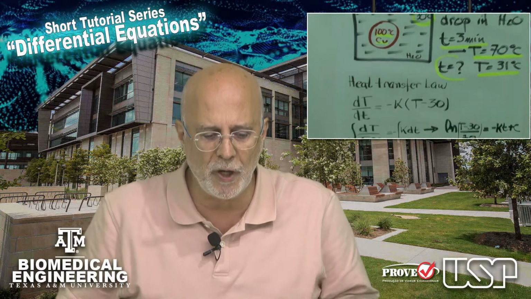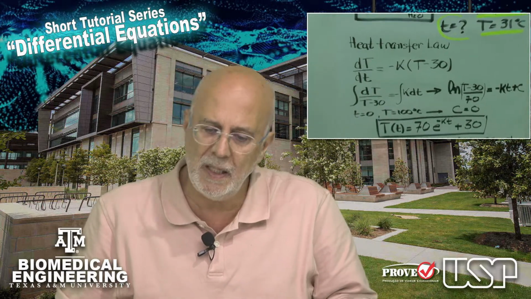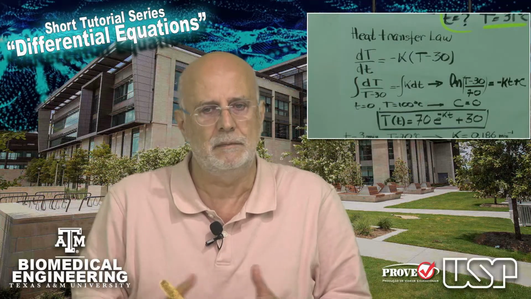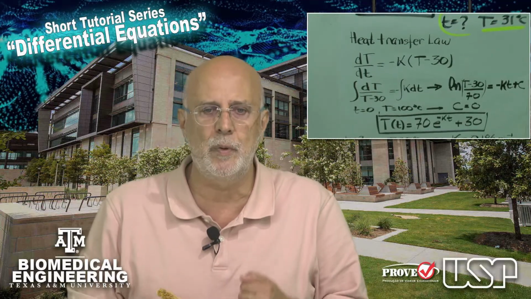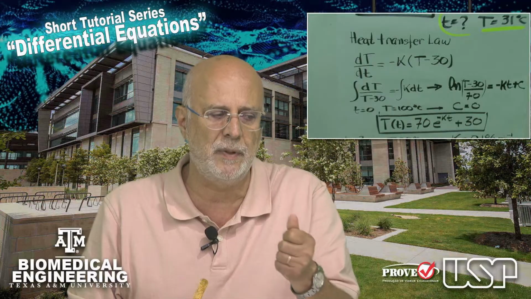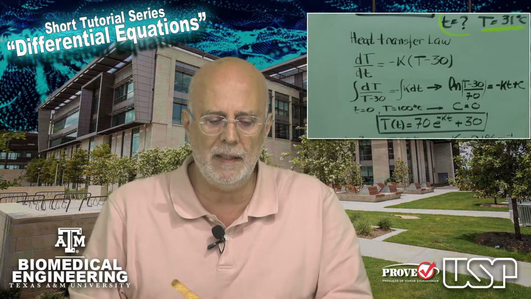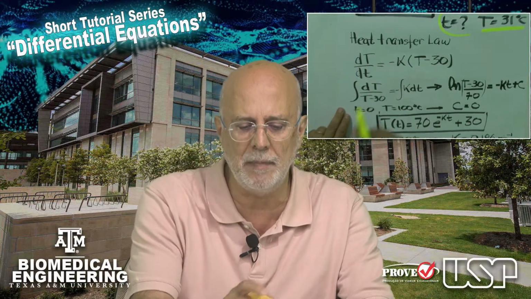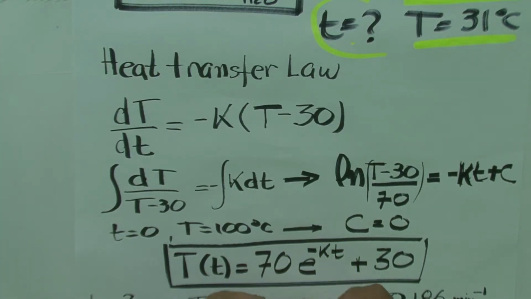So we need to construct a differential equation for this, because we want to know the variation of temperature with time. We could go for many things here, and there are many laws of heat transfer.